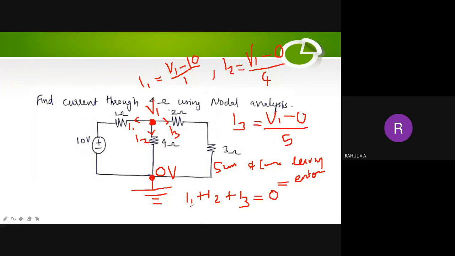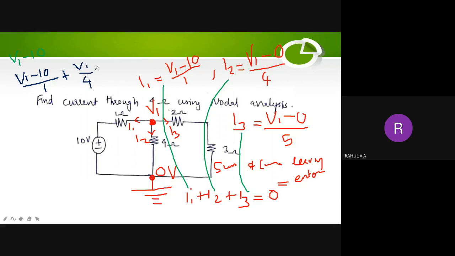Now you can substitute I1 with this equation, I2 with this equation, I3 with this equation. So V1 minus 10, okay, once again, V1 minus 10 divided by 1 plus V1 minus 0, I am not writing, so V1 divided by 4 plus V1 divided by 5 equal to 0.